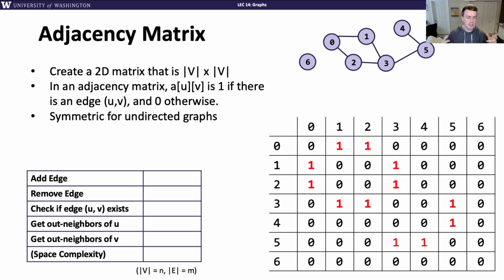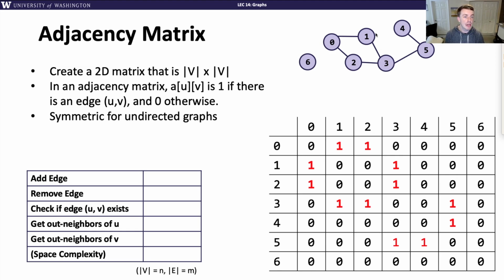So if I represent it in this way, let's think about what are the various runtimes of operations that we might want on a graph. For example, how long does it take to add an edge to this graph? If we're trying to add an edge, it's really just about going to this index in the matrix and adding something there.